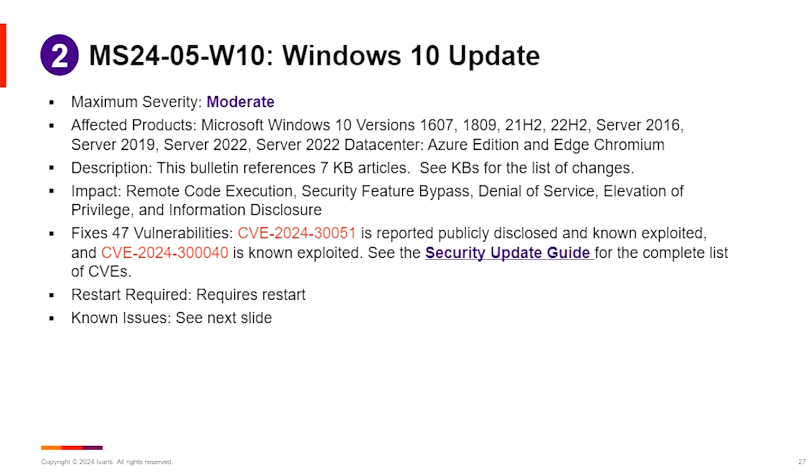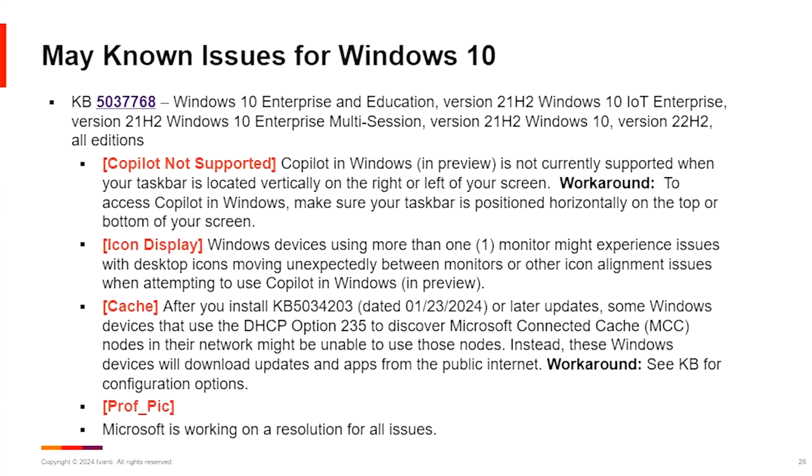On the Windows 10 update, again rated moderate this month. Same two CVEs from an exploitation standpoint. Lots of updates across all of the operating system versions, 21H2, 22H2, as well as the server versions 2016 through 2022. So you want to make sure you address those.